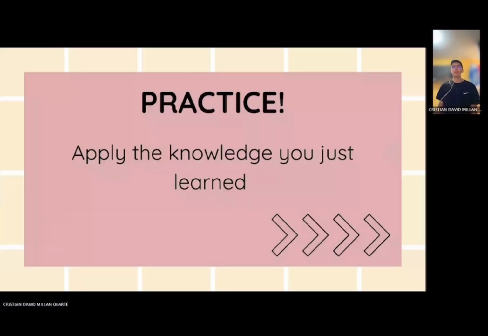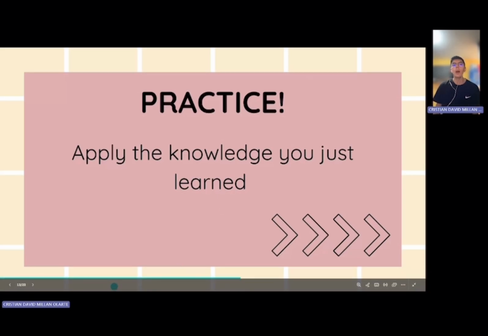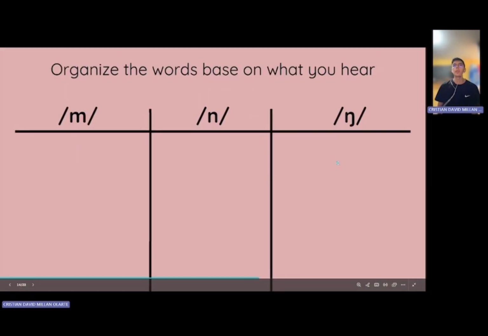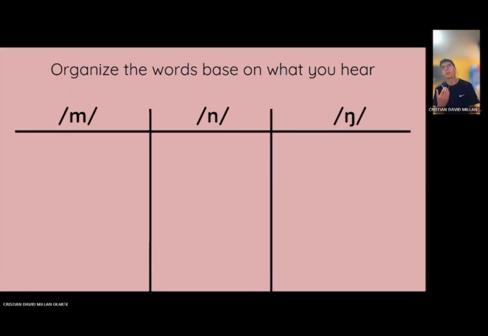Now we have this little practice. Basically, we have to apply the knowledge that all of you have learned. I'm gonna pronounce a couple of words that contain these phonemes, the M, N, and ng. You have to organize the words based on what you hear.